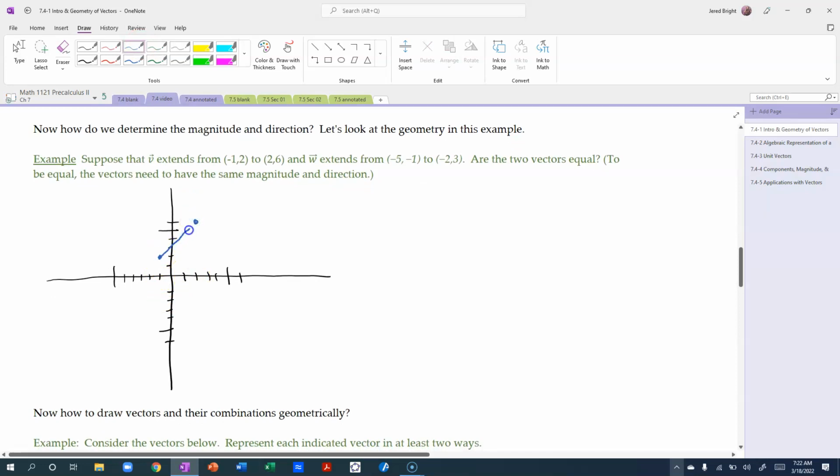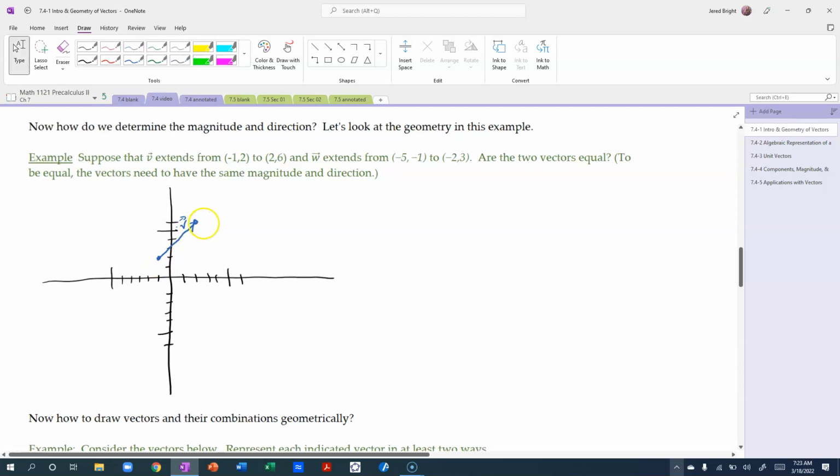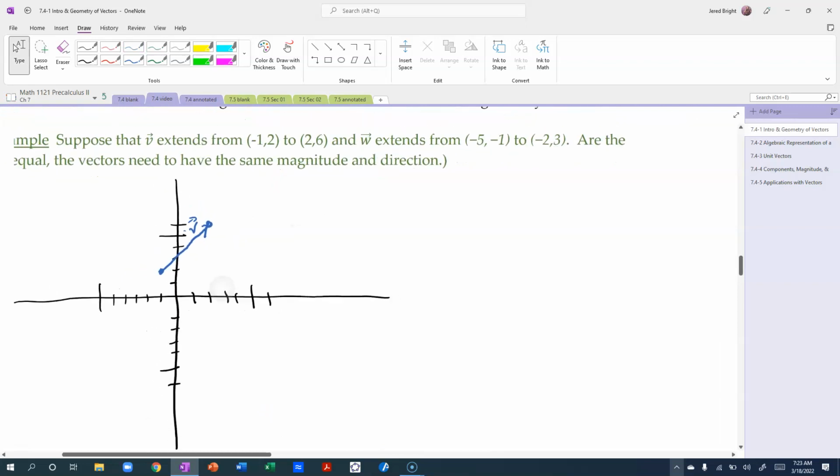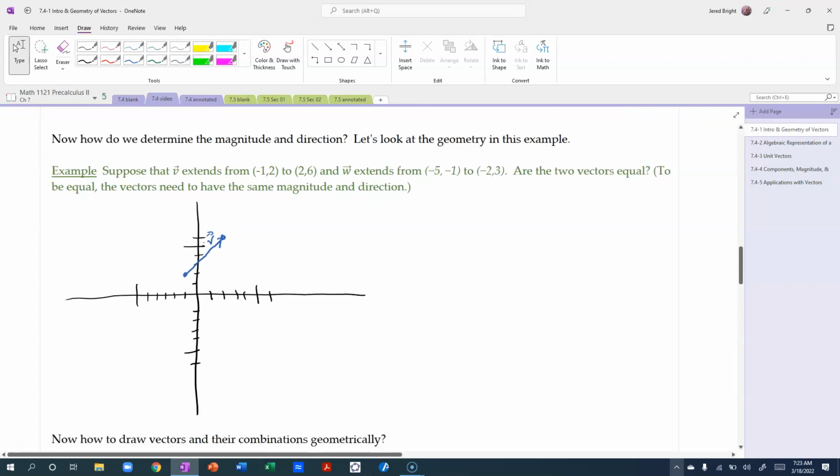Then this would be vector v. And notice that I'm indicating the direction that we're progressing, from our initial point to our terminal point. So that's why I have it drawn like that. And w: (-5, -1). It starts there and it ends at (-2, 3). So there is w.